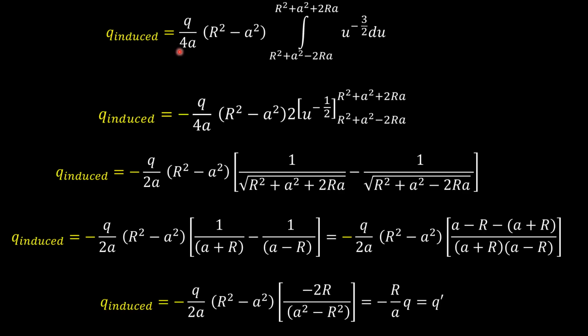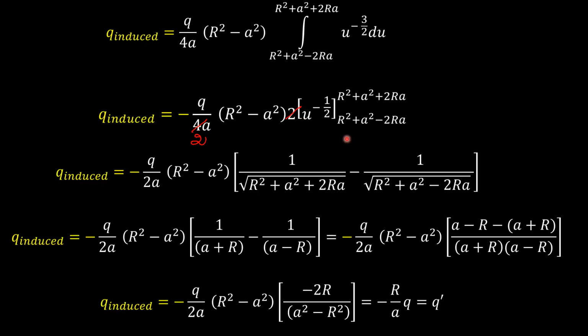So now we have to integrate this in order to get the induced charge. If you integrate u to the power minus 3 by 2 with respect to u, you will get minus 2 u to the power minus half. So this 2 will get cancelled, 4 cancelled with 4, you will get 2a. Then you have the negative sign here.